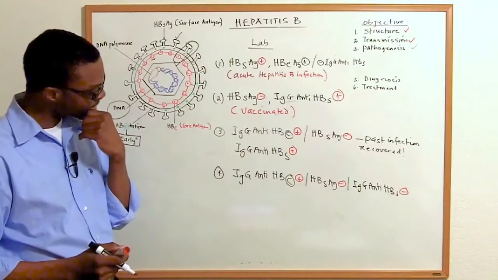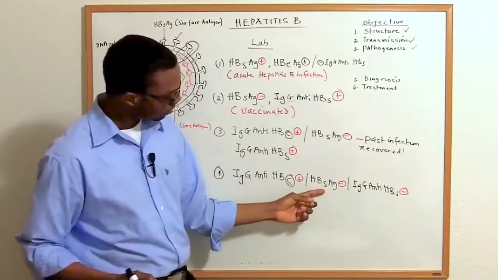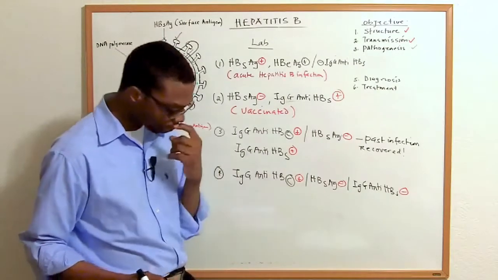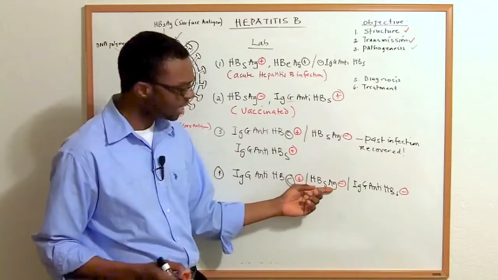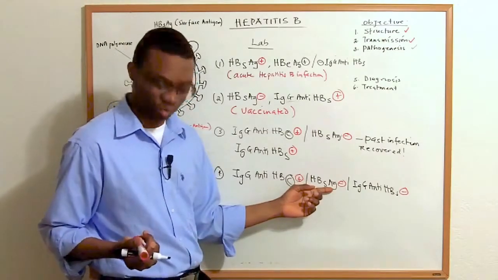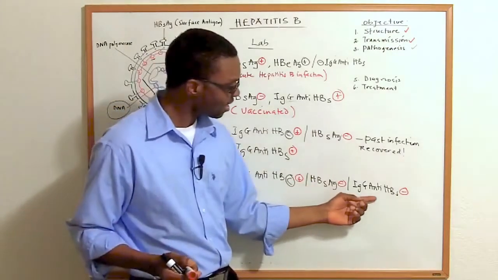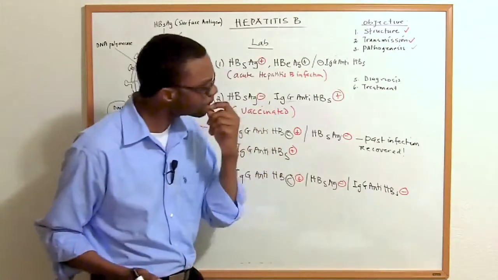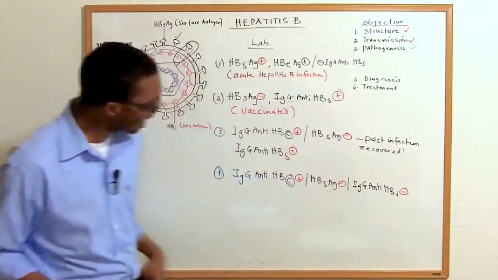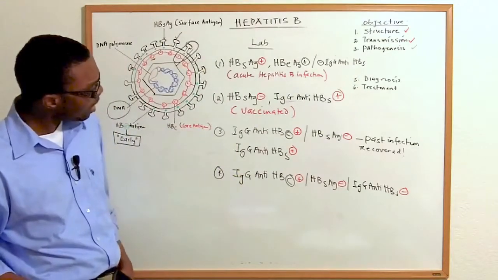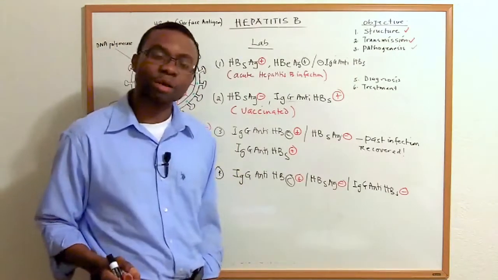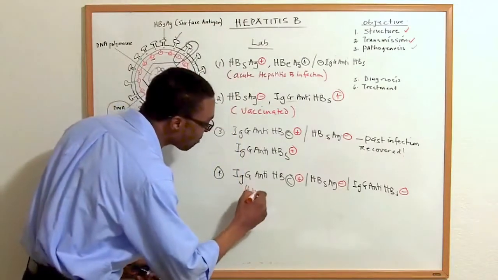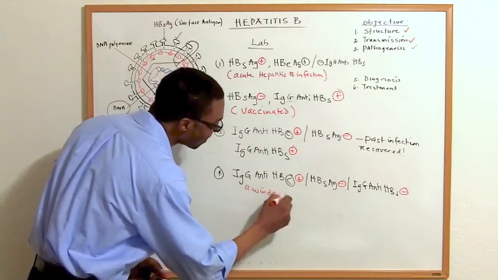That doesn't make any sense. We have an antibody against the core, but the surface antigen can't be found inside the bloodstream at all. And we don't have an antibody yet against the surface antigen. I think somebody's sitting in the window.